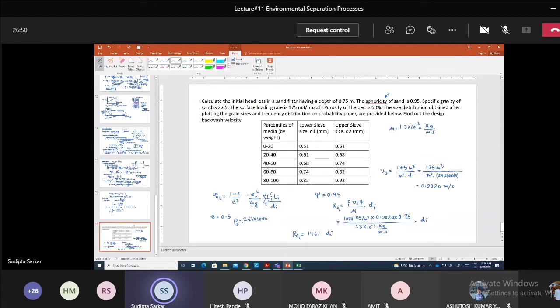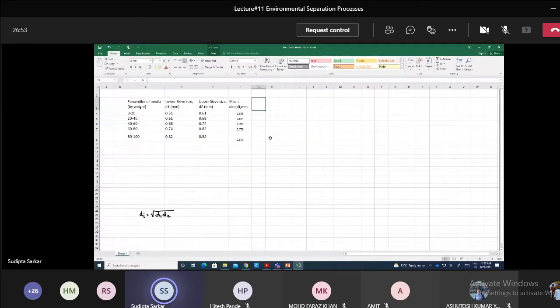So let us write down RE, this is equals to 1461 times Di, but Di is in millimeter, so I will convert it into meter. So divided by 1000. Okay, this is our value of RE.